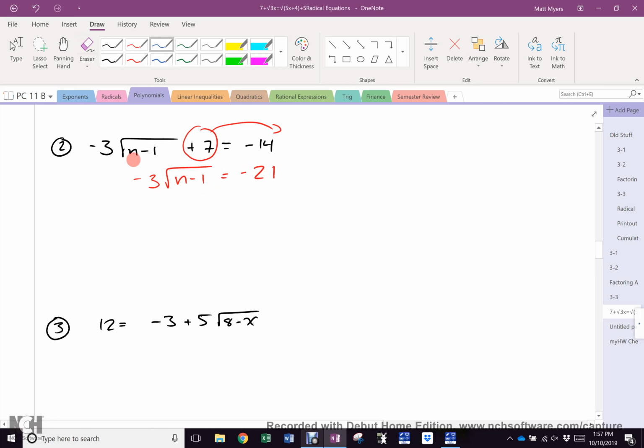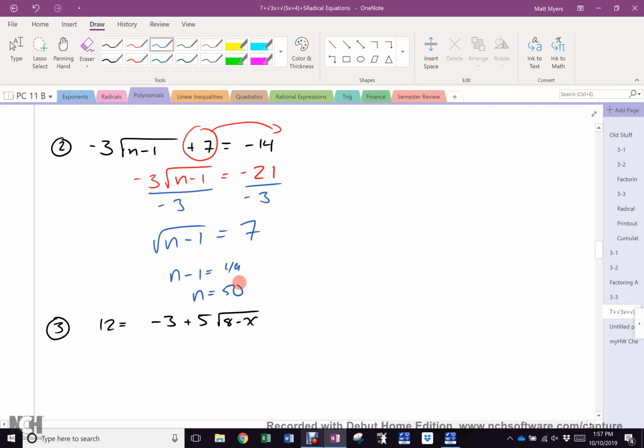That'll work, but I would get rid of this negative 3 first because this division works. And I get n minus 1 equals positive 7. Now n minus 1 equals 49, and n equals 50.